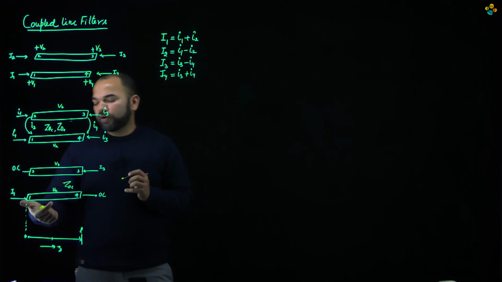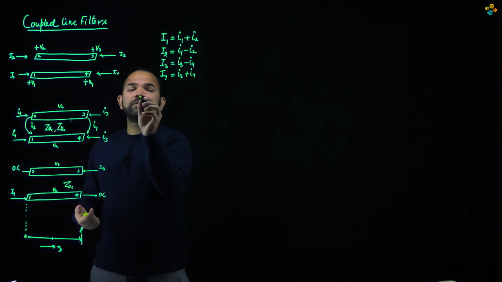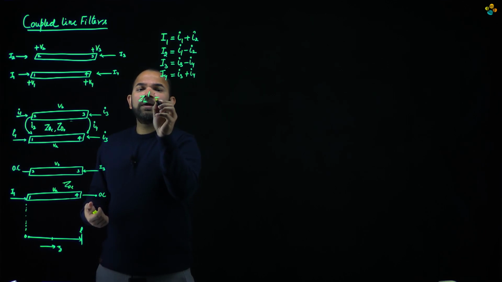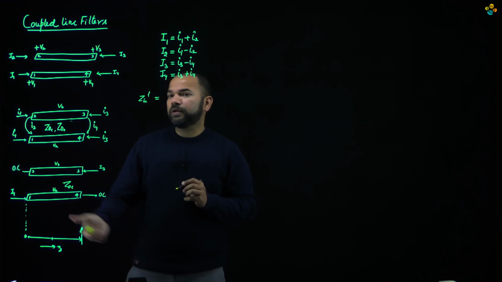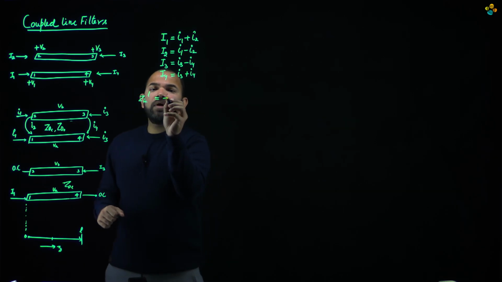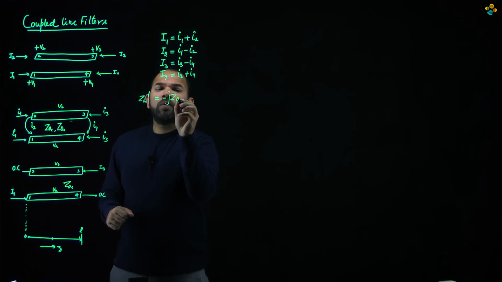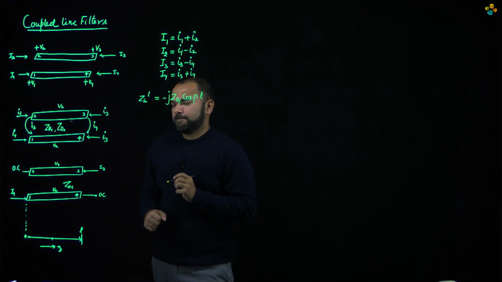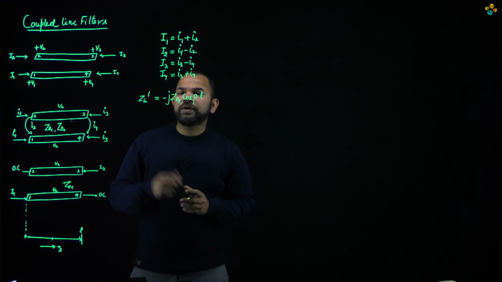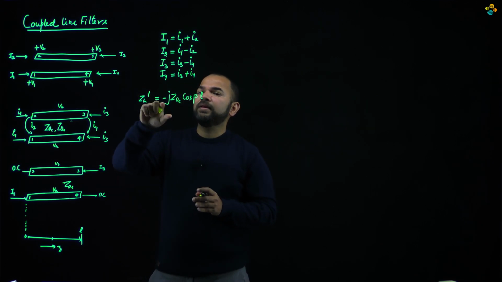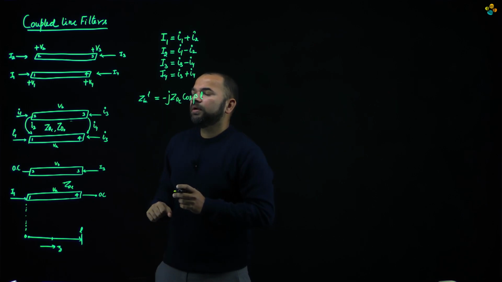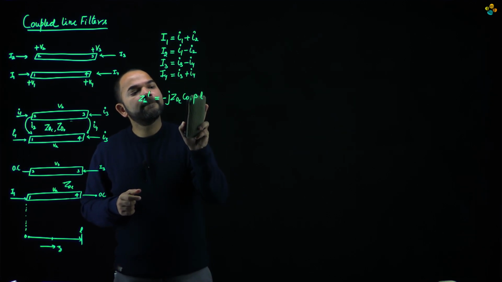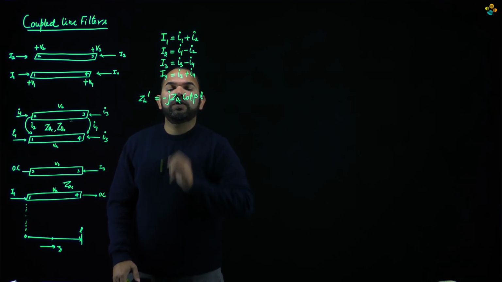If we want to write the input impedance for this special case, Z input at any instant L, in terms of L, it would have a form of Z cot of beta L. This is a very standard expression. We have seen in our previous classes that Zin at L is equal to minus j Z0E into cot of beta L.